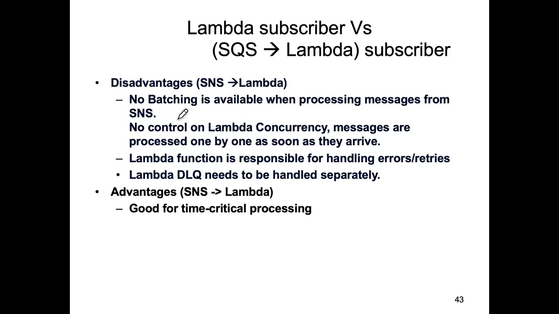There's no control on Lambda concurrency. Unlike with SQS, where we can control how many SQS Lambda consumers are triggered in parallel, you don't have that power with SNS. There's also no DLQ available to us here as there was with SQS.